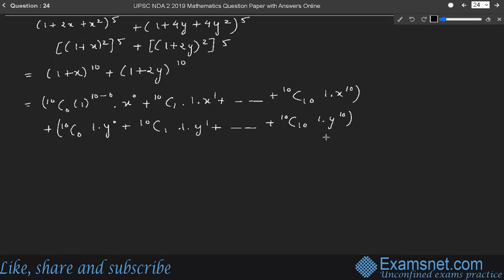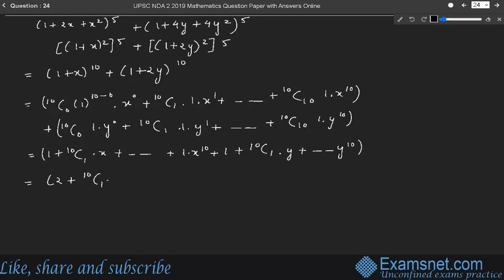On further simplifying, it will be equal to 1 plus 10C1 into x plus so on up to 1 into x power 10 plus 1 plus 10C1 into y plus so on up to y power 10. So it will be equal to 2 plus 10C1 x plus so on up to x power 10 plus 10C1 y plus so on up to y power 10.